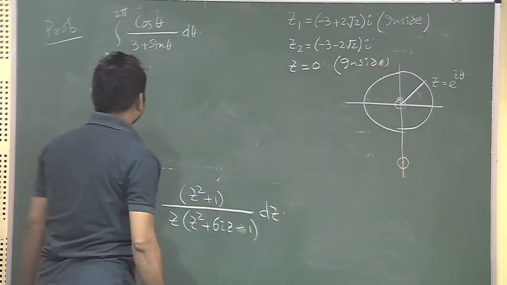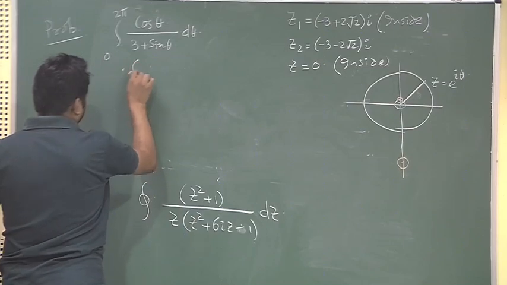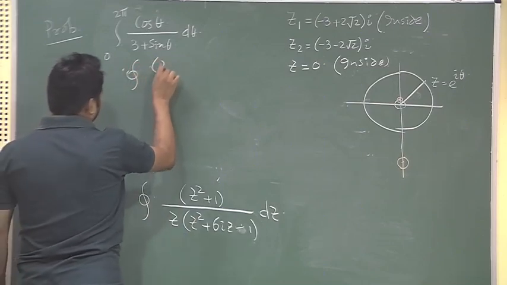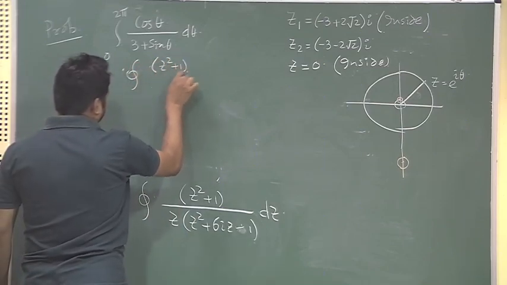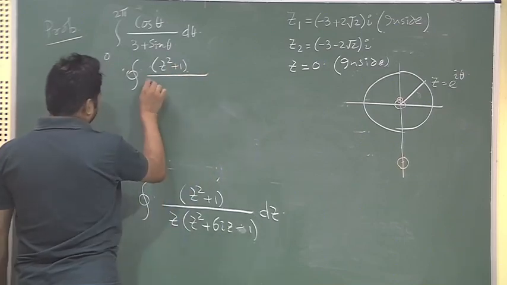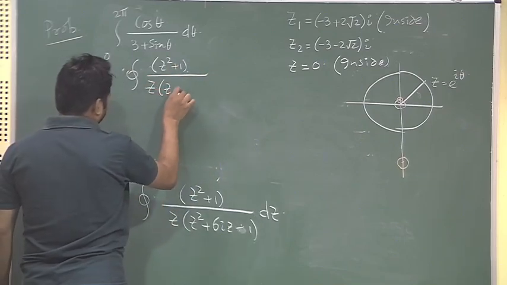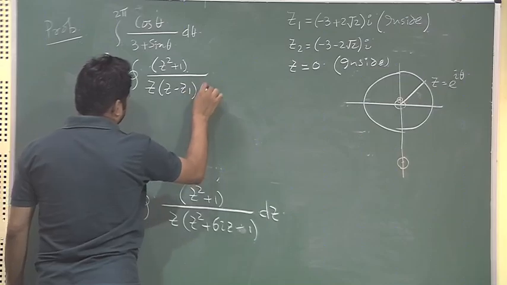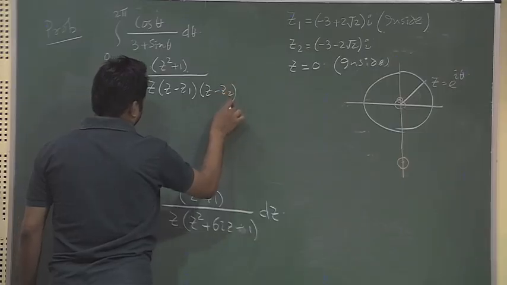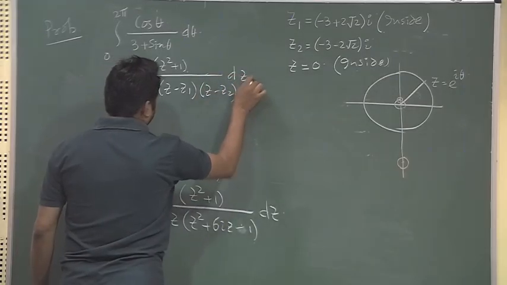So, this function I will rewrite as z square plus 1 divided by z into z minus z1 into z minus z2 dz.